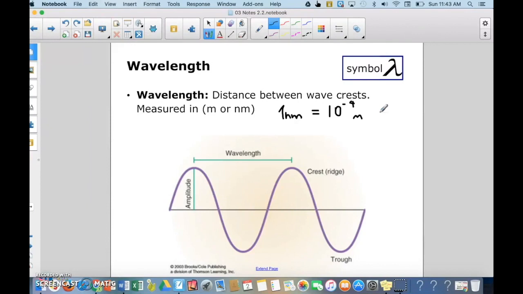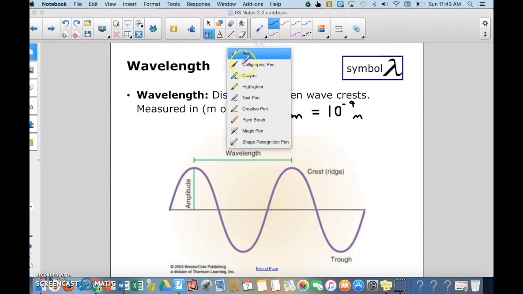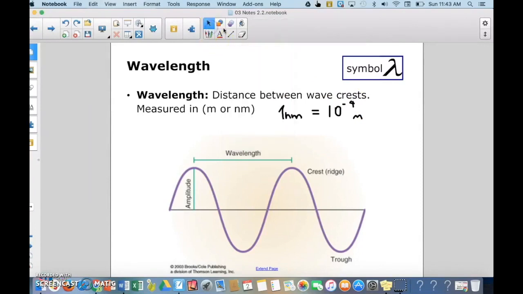Something else that you need to know about the wavelength is that it is represented by a symbol, this one over here, lambda. This symbol is called lambda, and that's the symbol that we use for wavelength.